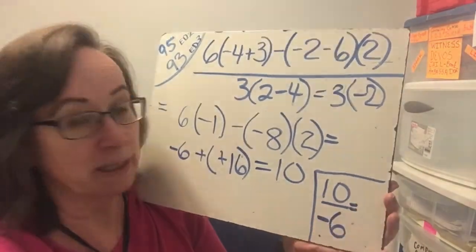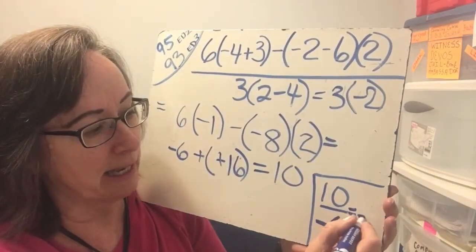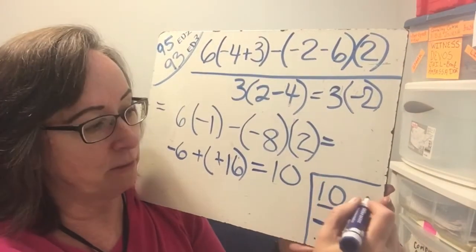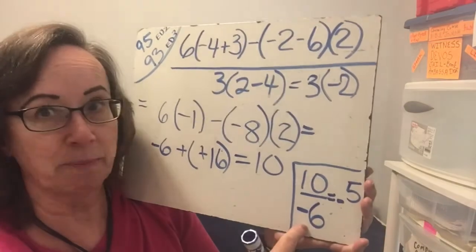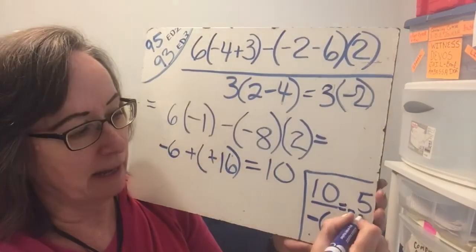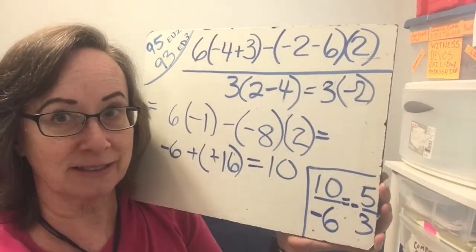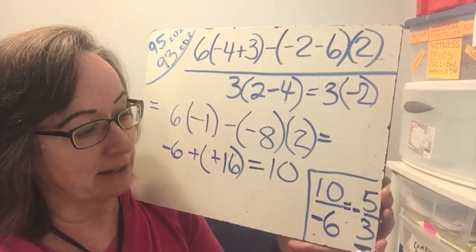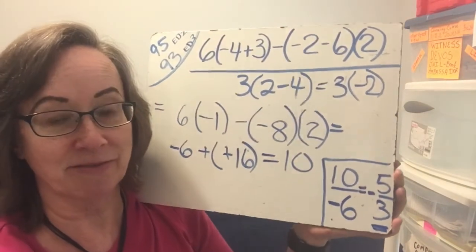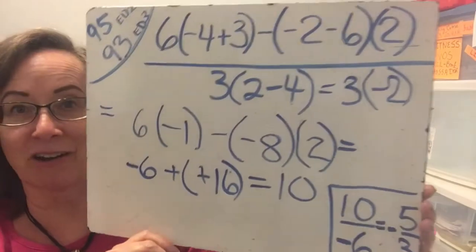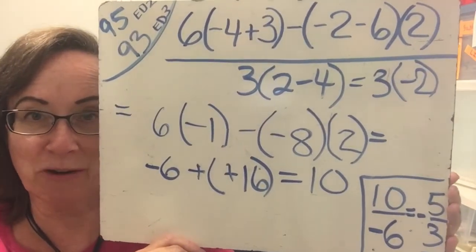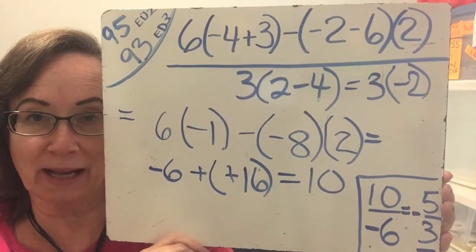So we're just going to make it in front. Negative, divide by 2, 5, divide by 2, 3, and -5/3 is my final answer. -5/3. So that is our last example, and now we're ready to do a practice problem.